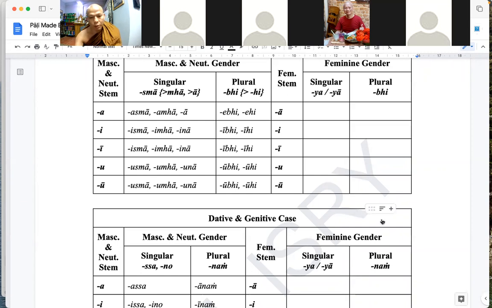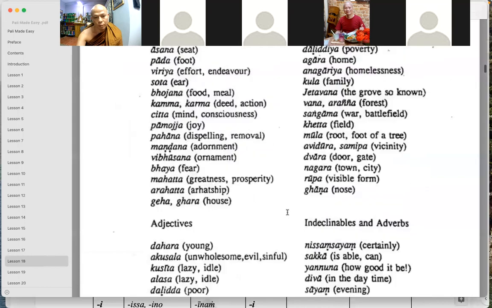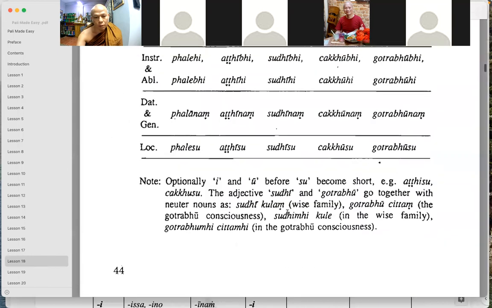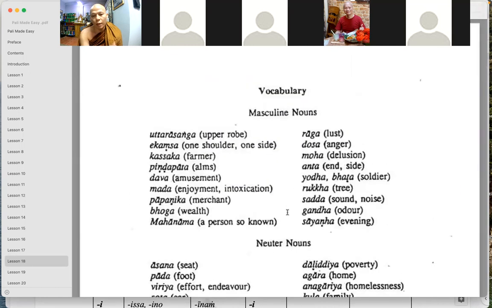Okay. So now let's go back to the textbook, Pali Made Easy. So now vocabulary. Now we are learning the masculine and neuter, and how they change in their case ending form, in their declined form. We already learned that, that is why the first is a masculine noun.